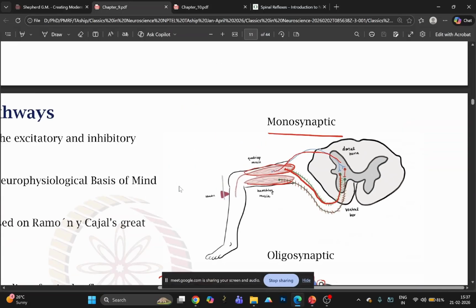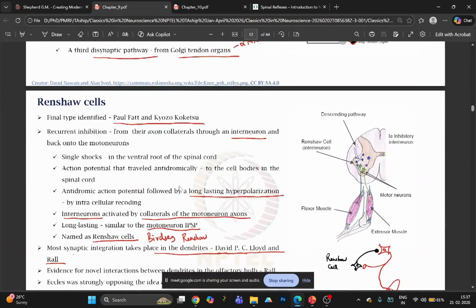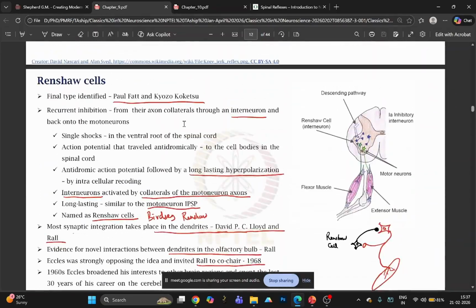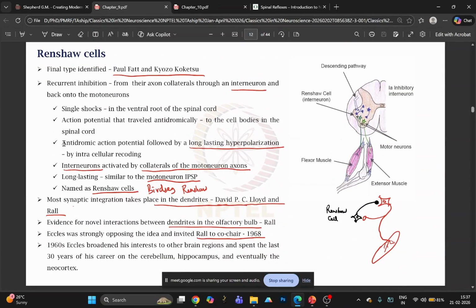One is that when the axons were getting stimulated, there was an antidromic action potential, which means that information was going from the axons to the cell body, followed by a long-lasting hyperpolarization.